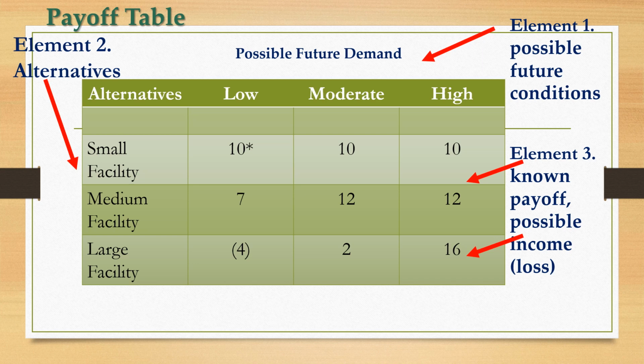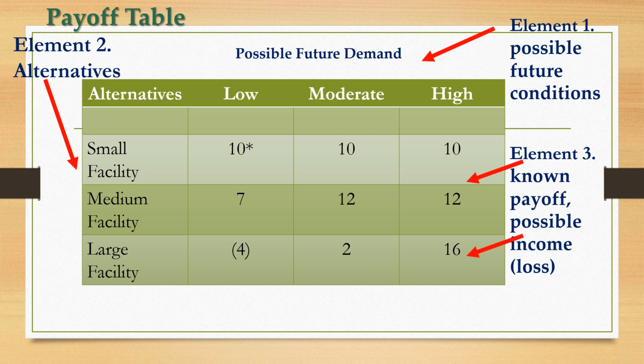And the third element of our decision theory, represented again by this payoff table, are the known payoffs. So when we talk about payoff, it represents the possible income or possible losses on those different alternatives under the possible future conditions.